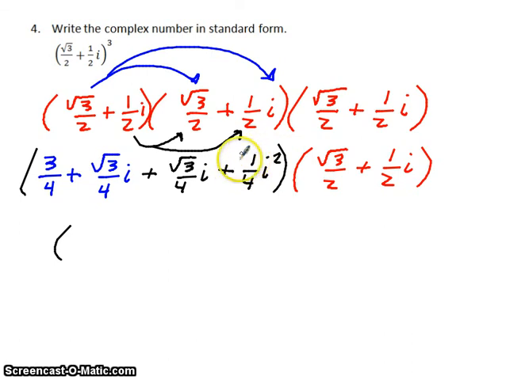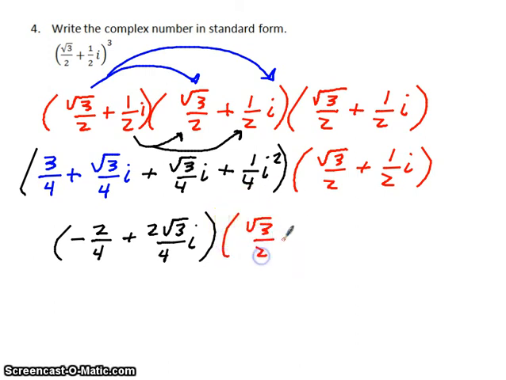That's a minus 1/4 because i squared is -1. So that's going to give me a minus 2 over 4, and then root 3 over 4i plus root 3 over 4i is a 2 root 3 over 4i. And we still have to multiply times the last one.